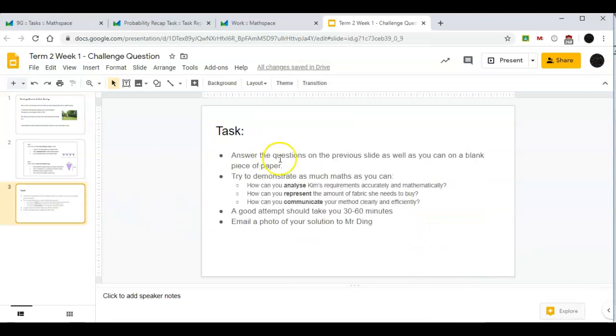So, as with these other problems that we've done, I'm interested here in your communication and your analysis. So, a blank piece of paper, show me how you think about this problem, how you set it out, and I'd be really interested to see what you come up with.